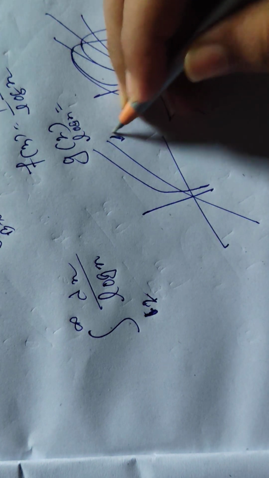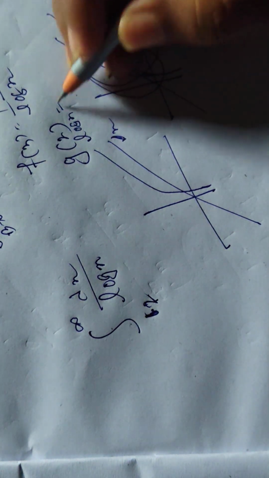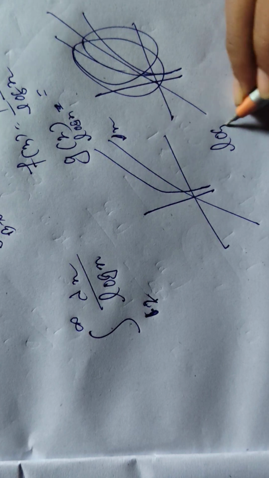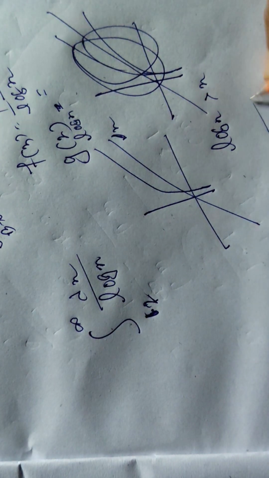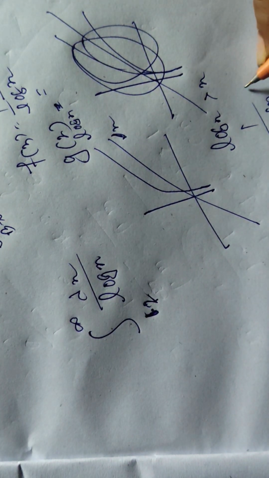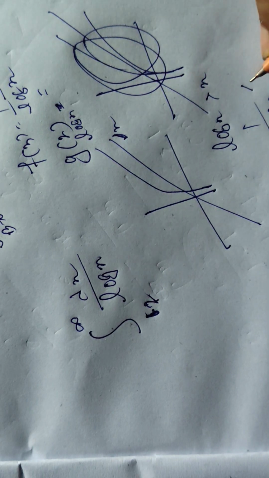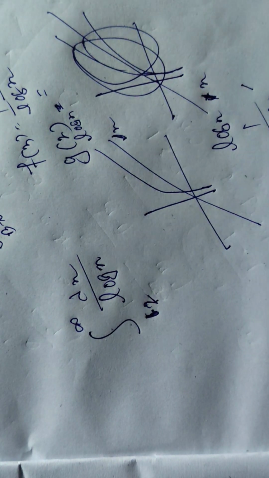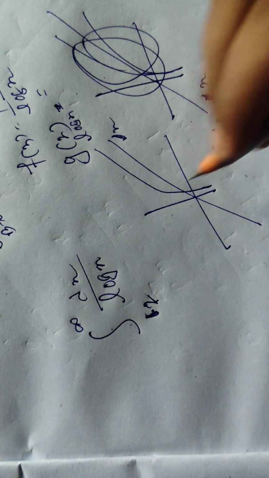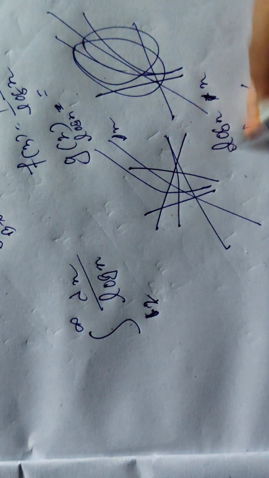So this is the graph of x, so you can say log x is greater than x, so 1 by log x is... sorry for a mistake, I guess I made a mistake again.